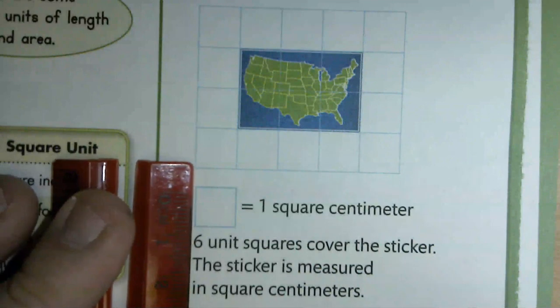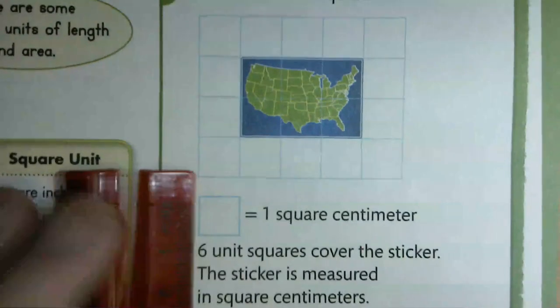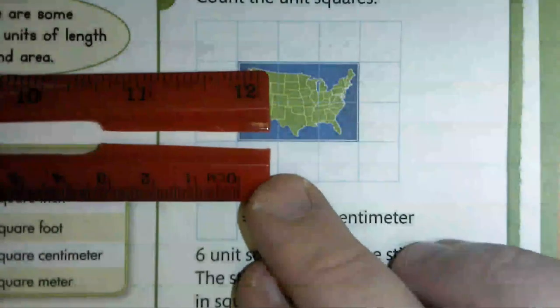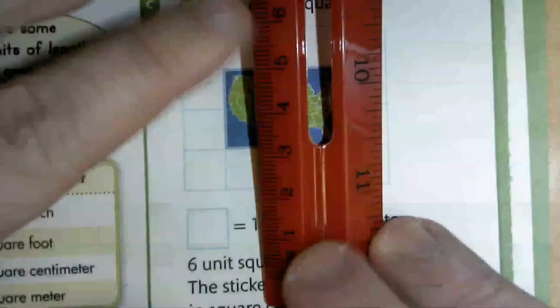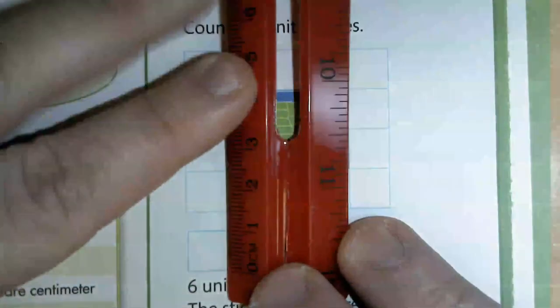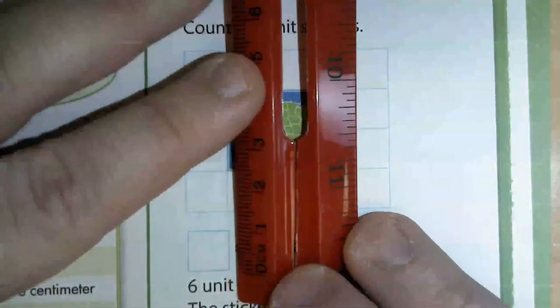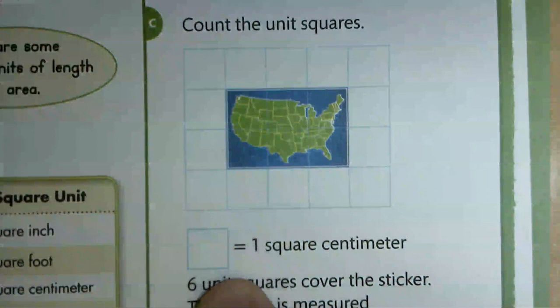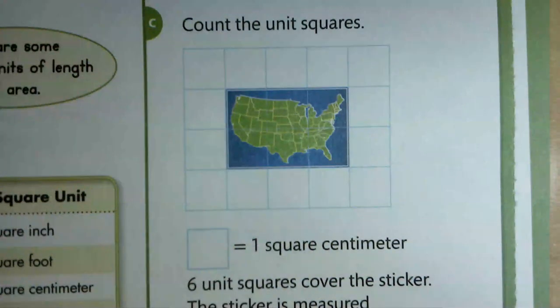It's a little hard to see, I know, but it's another 1 there. And then if I go up to the top, you know what it's going to be? It's going to be another 1 centimeter. And then if I go over here to the side, you know what it's going to be? 1 centimeter there. It's 1 centimeter on all of those different sides. Each of those sides, and then it makes up a square, right? So this is a square centimeter.